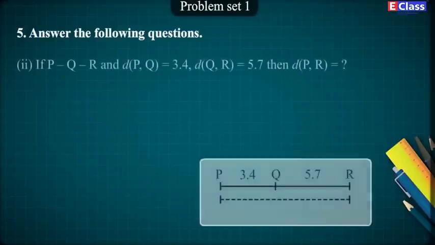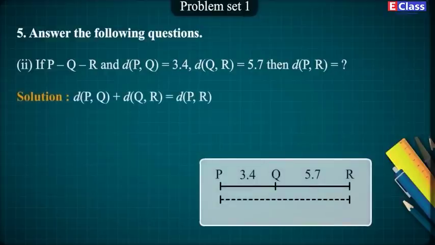2. If P-Q-R and distance of PQ is equal to 3.4, distance of QR is equal to 5.7, then distance of PR is equal to how much? Solution.